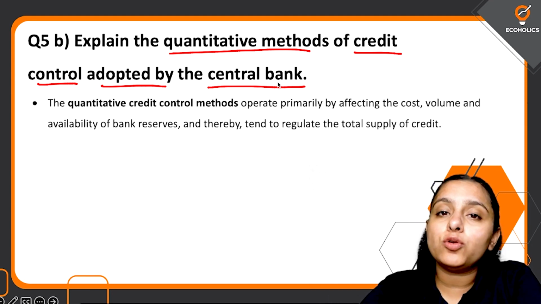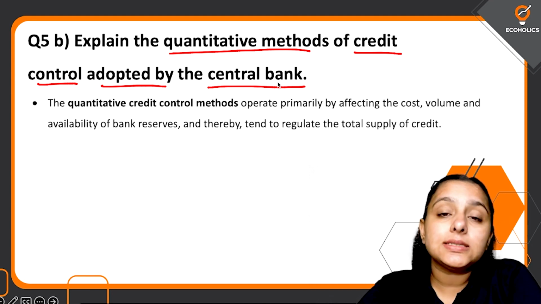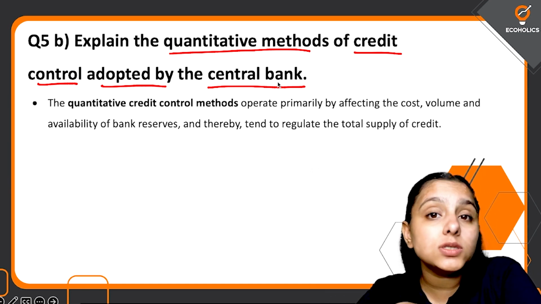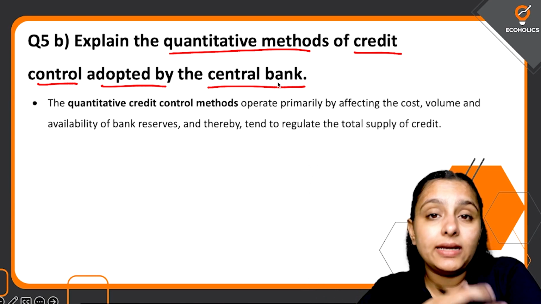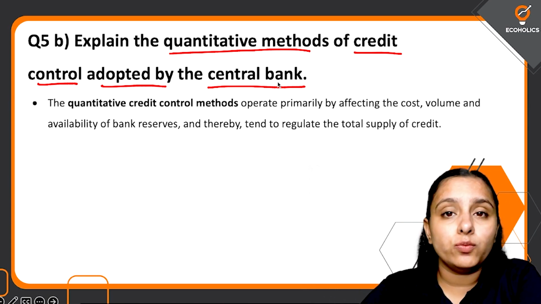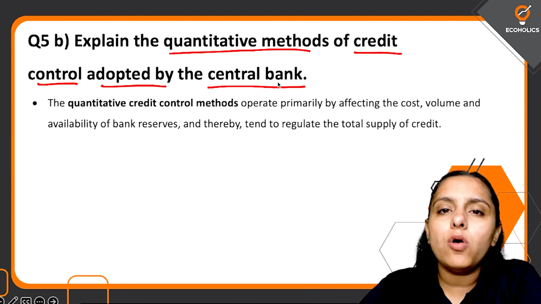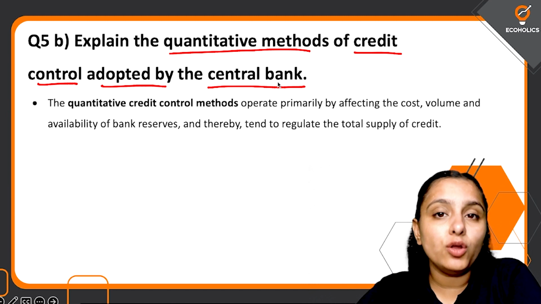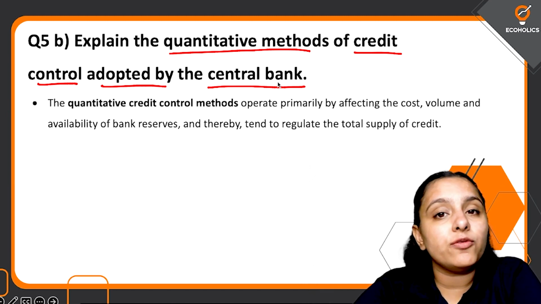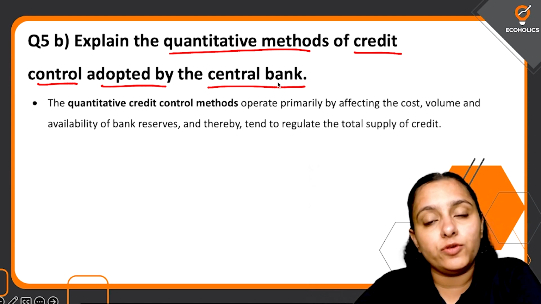So when we talk about quantitative methods, they consist of all those methods which are going to affect the cost of lending, cost of borrowing, or maybe the volume, that is, how much you can borrow or how much you can lend. Or the third way through which we can control credit using quantitative methods is the availability of resources.